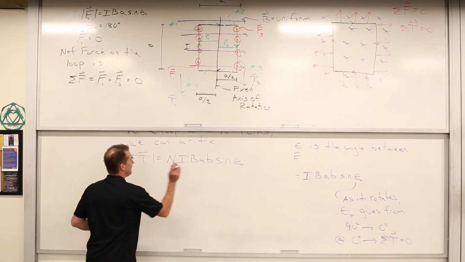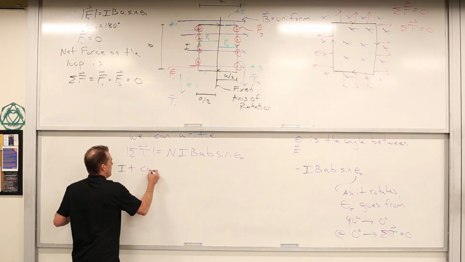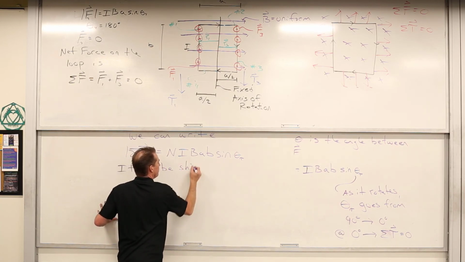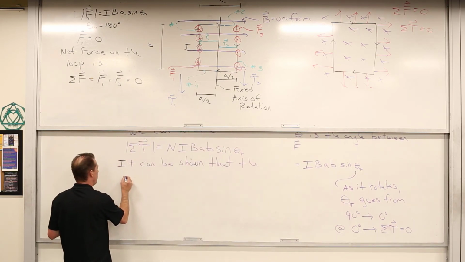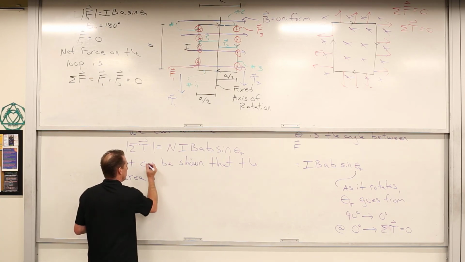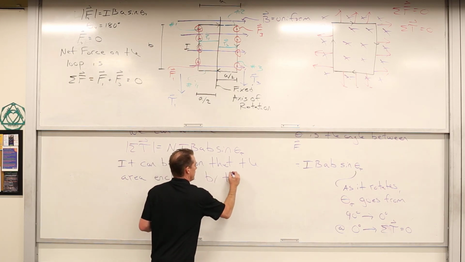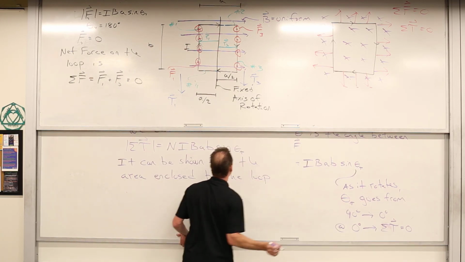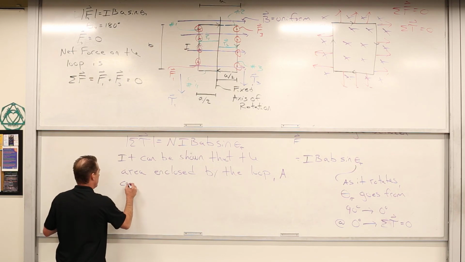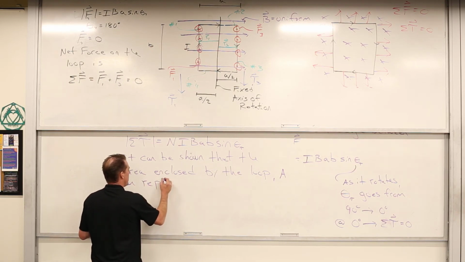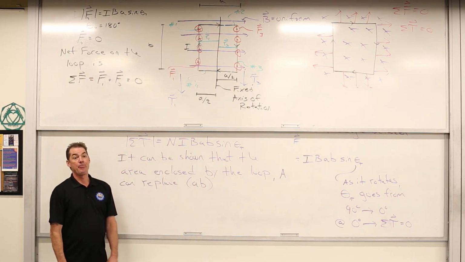One other thing that can be done, not going to show it here, it gets a little bit messy, but it can be shown that area enclosed by the loop, A, can replace our A times B. And that's in general.